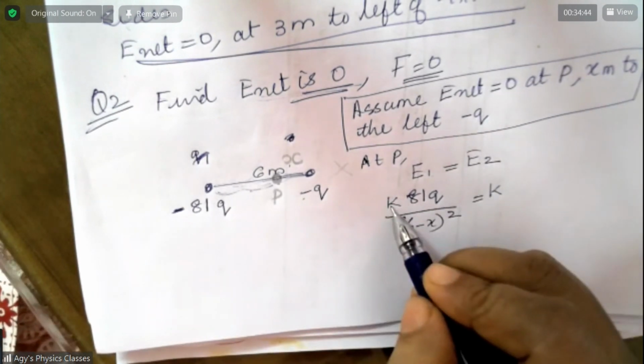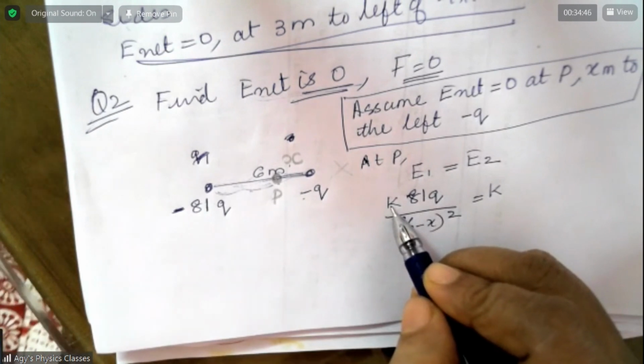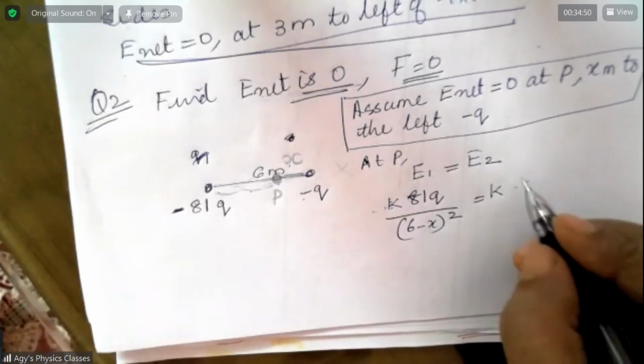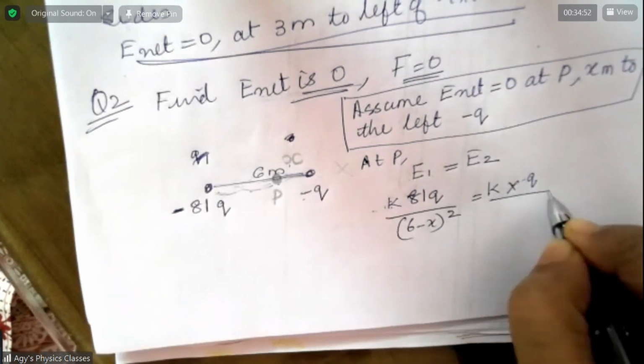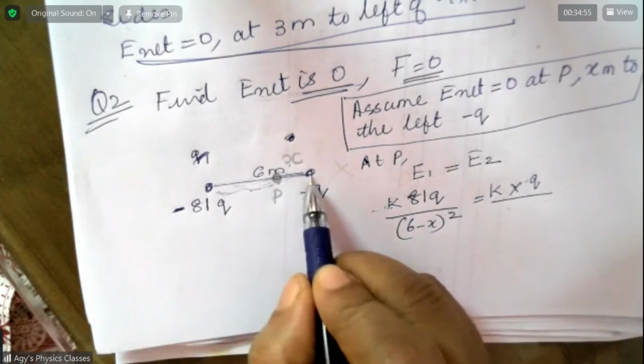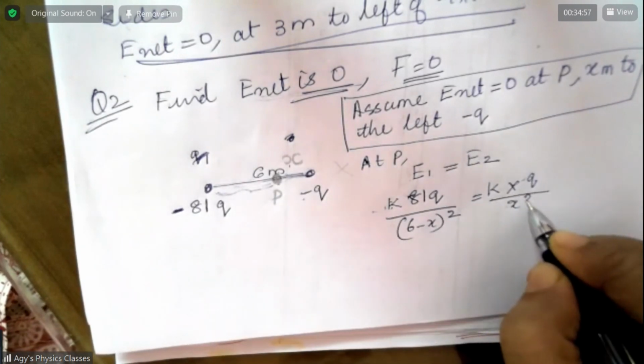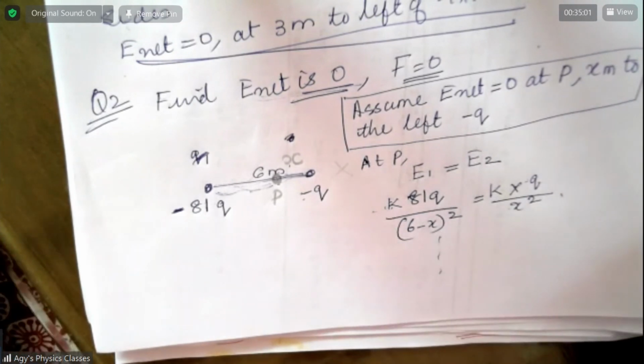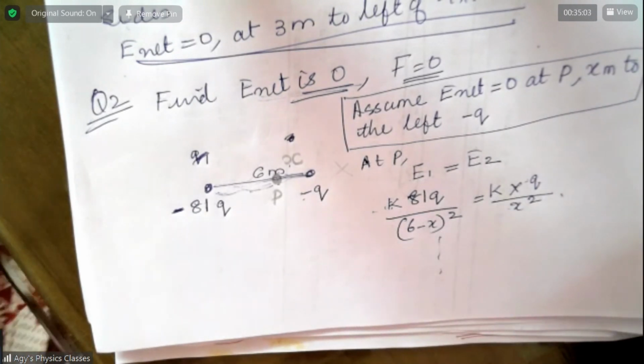You don't need to put the value of k, because we are going to cancel them out.